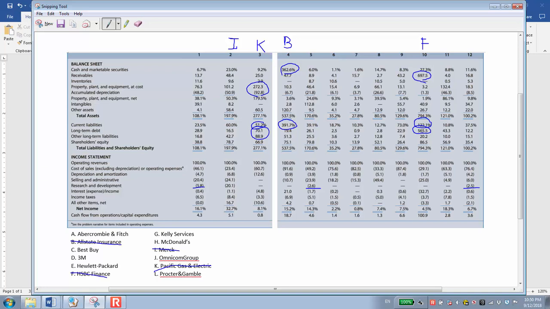Actually, what I find is the cost of sales is pretty high for company 12, which means the company's price probably is not very high. The gross margin is pretty low.